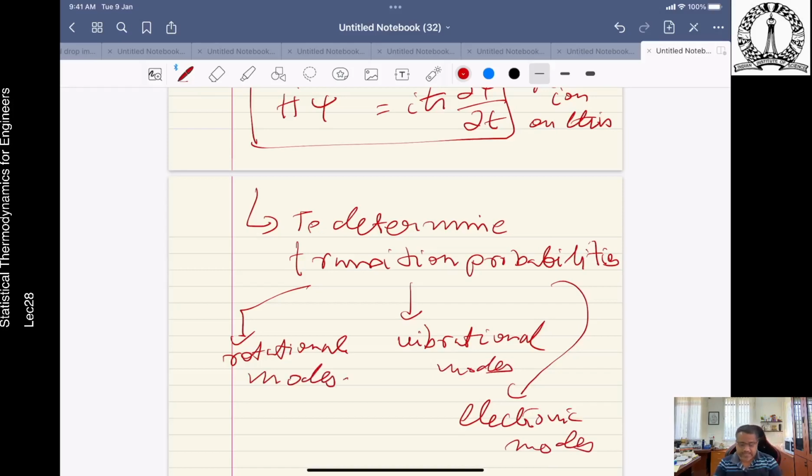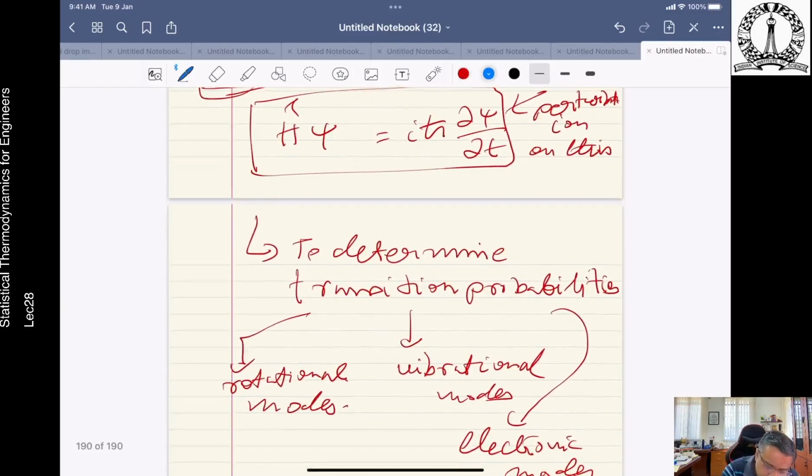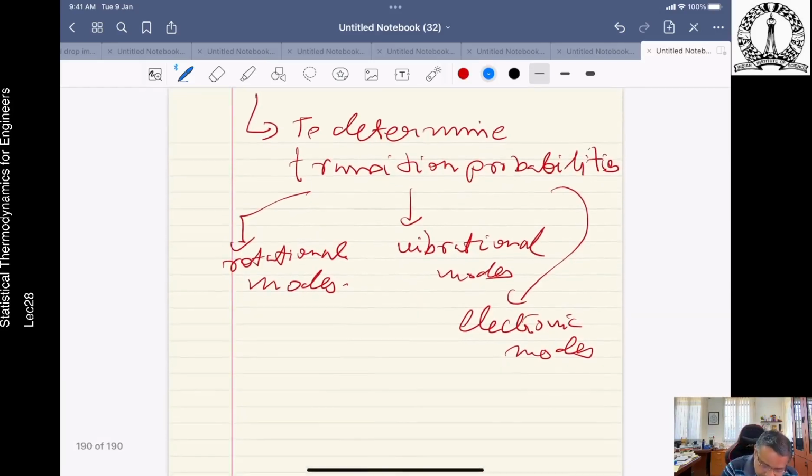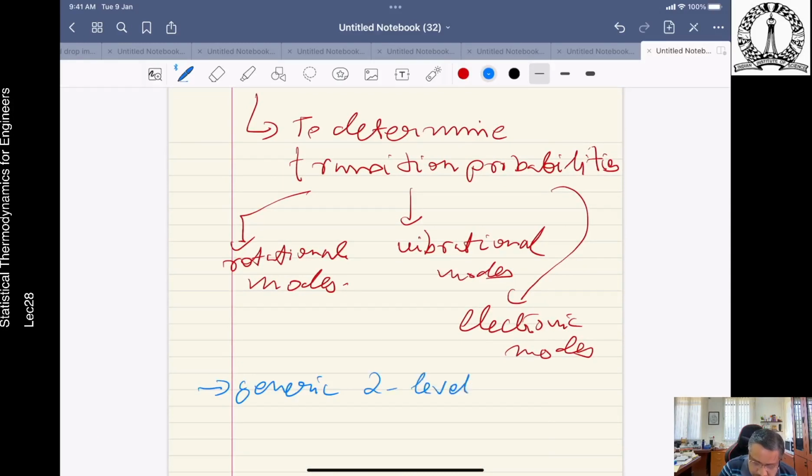All this comes from the time-dependent Schrodinger wave equation that we have. We are going to do it for a generic two-level system and, using that, find out what the corresponding transition probabilities will be.